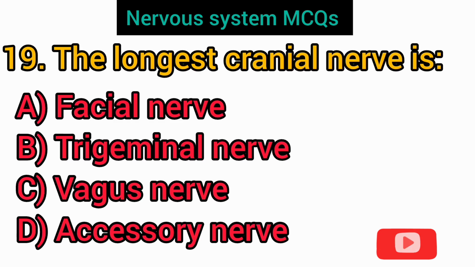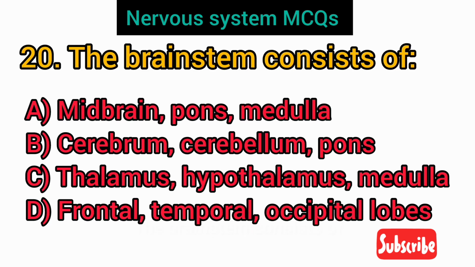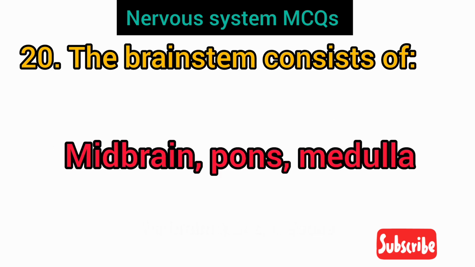The longest cranial nerve is vagus nerve. The brainstem consists of midbrain, pons, medulla.